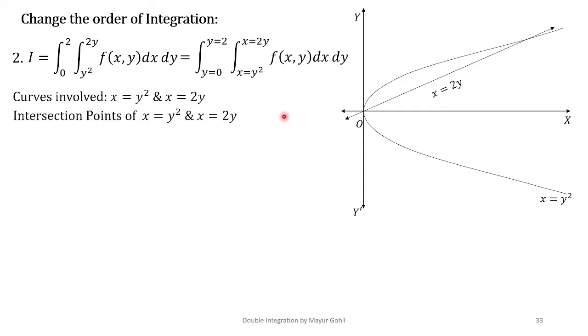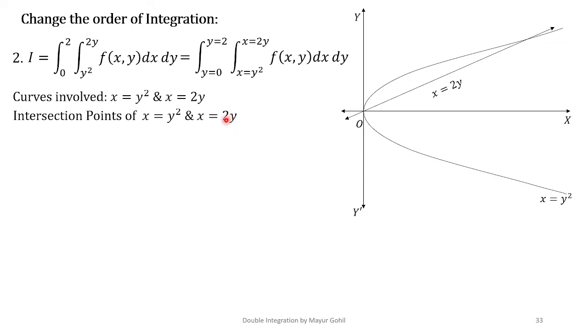We will need to calculate the intersection of the straight line x equals 2y and the parabola x equals y square. So let us calculate the intersection point between the two. I have always told you that anytime you have two or three curves, then if there is any intersection point, you need to solve for it.